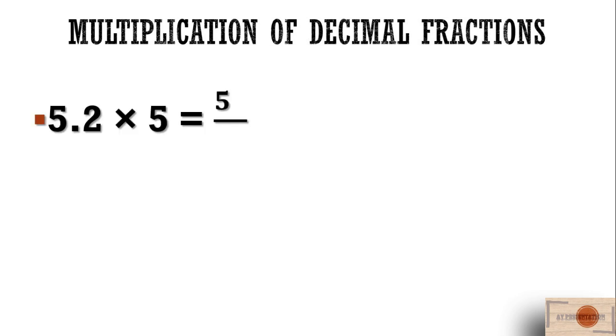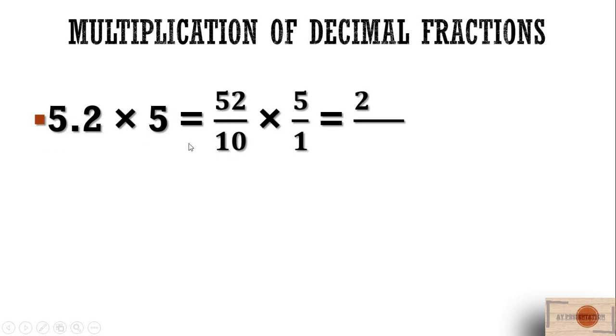Next point, multiplication of decimal fractions. Let's learn with an example. 5.2 multiplied by 5 is equal to 5.2, which means 52 upon 10, multiplied by 5, which means 5 upon 1.